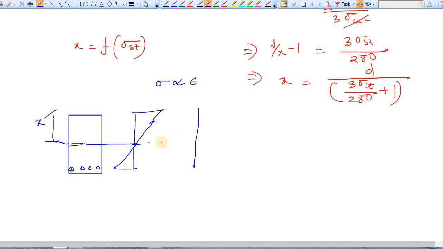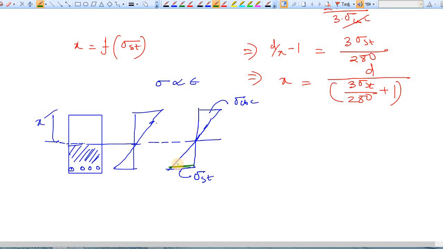That was also our assumption because Hooke's law is valid here. So this is the stress diagram, and the allowable stress in concrete is sigma CBC. In steel, this is sigma ST, and we don't consider this concrete, so this is void. So in stress diagram we can show like this.